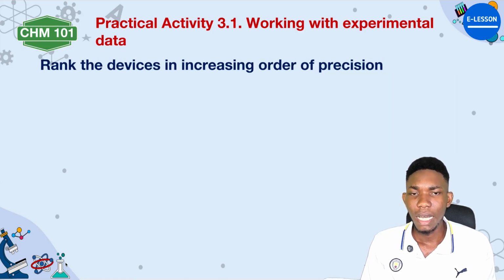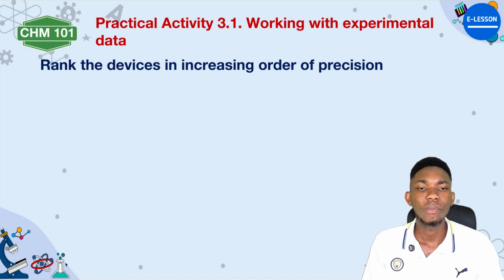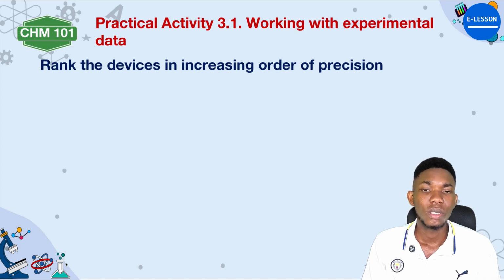So that is that. Now, they say rank the device in order of precision, that is from the lowest to the highest. Rank the device in order of precision from the lowest to the highest. That's a very simple thing to do. All right?